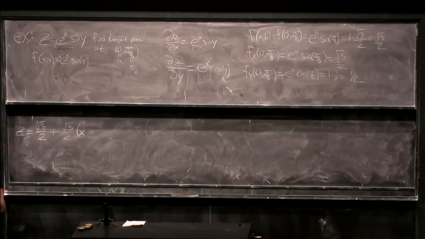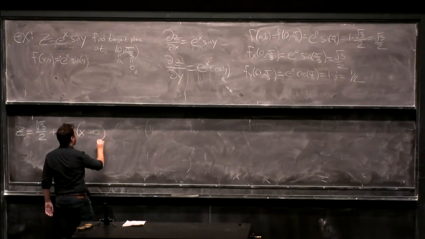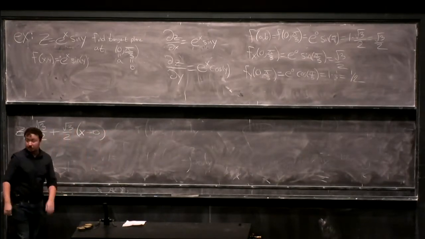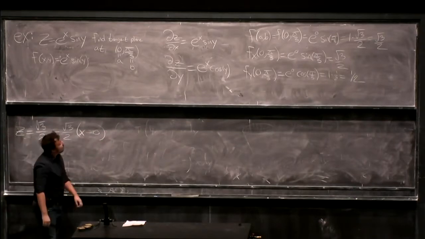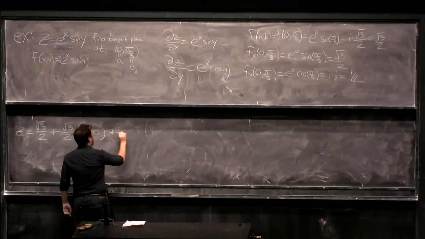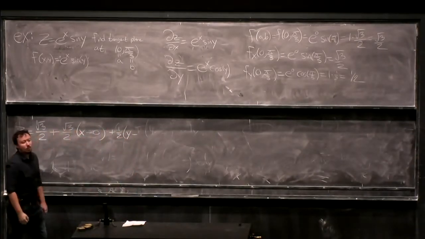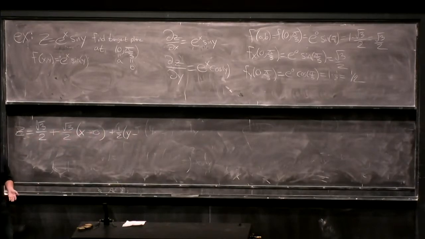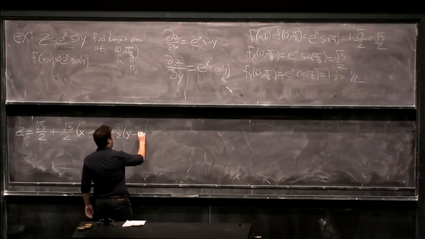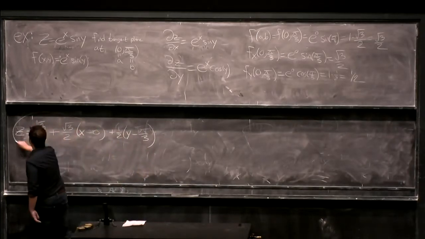And in this problem, our a value, or our x coordinate, was 0. So we have x minus 0, or you could just write an x, it's no big deal. And then we have the y partial derivative, which is 1/2, and we have y minus the b, or the y coordinate, which is going to be pi over 3. And there we are. Here is our tangent plane.